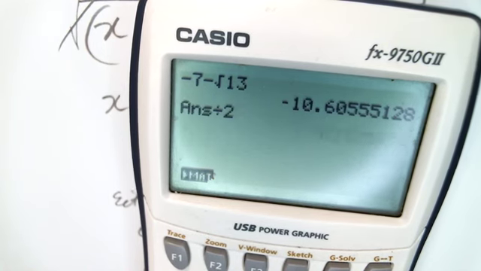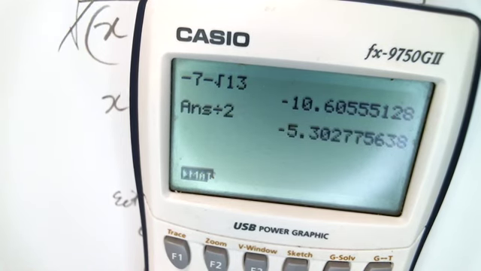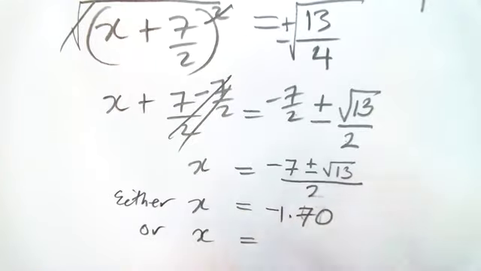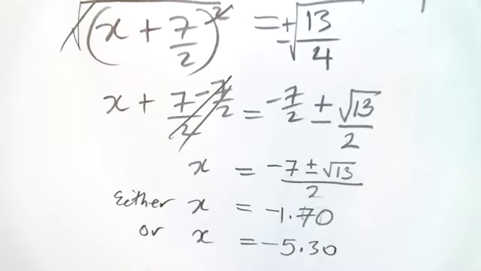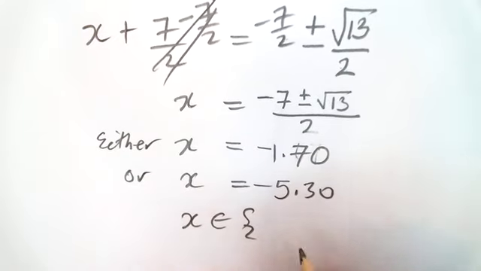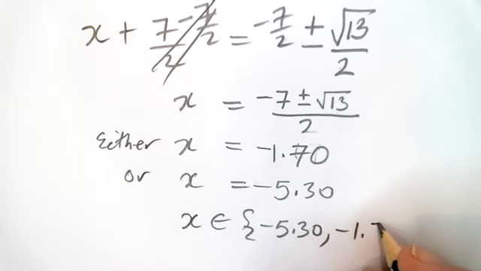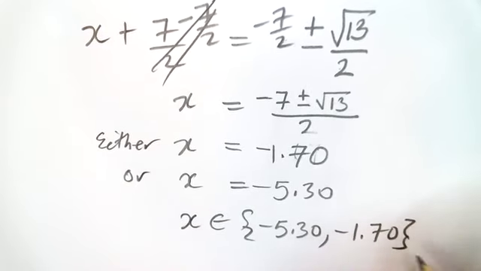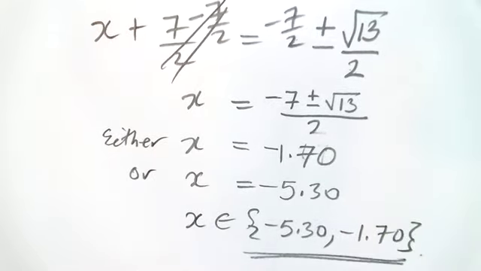I'm dividing that by 2, and I'm going to end up with -5.30. Yep, that'll work. So you can express it like that. Or if you wanted, you could express it as x as an element of, and make the smallest one first, -5.30, comma, -1.70. And that would be the way I would express the answer.